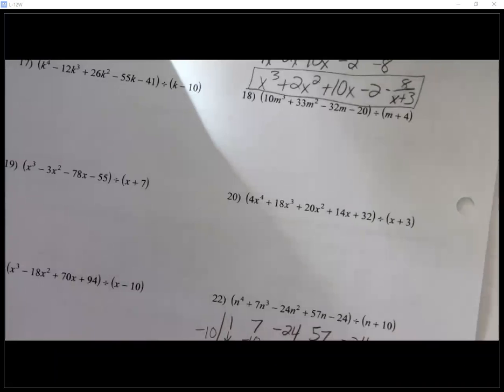Okay, so your homework is going to be a mix of long division and synthetic. So there's a section where you have to use long division, and then there's a section where you have to do synthetic, and then you get to choose. What fun.